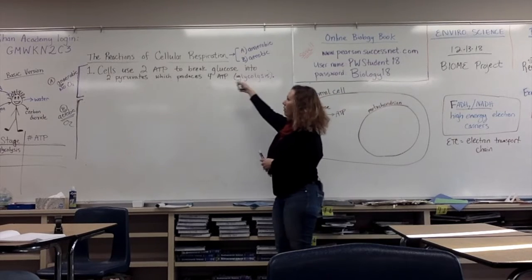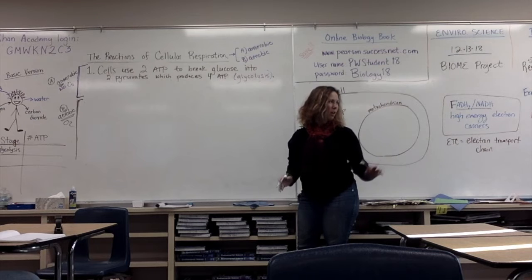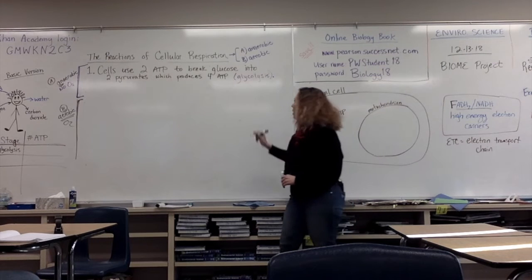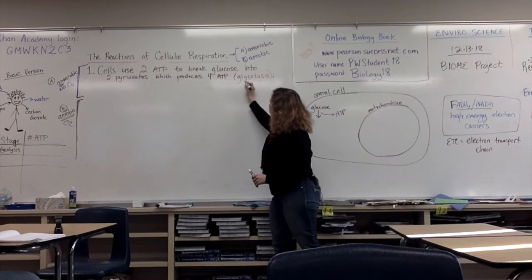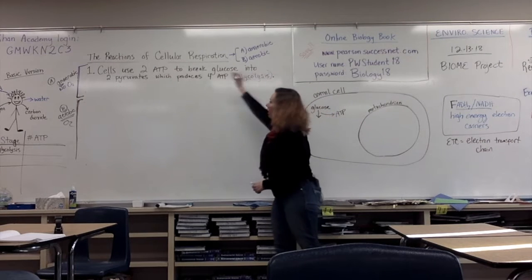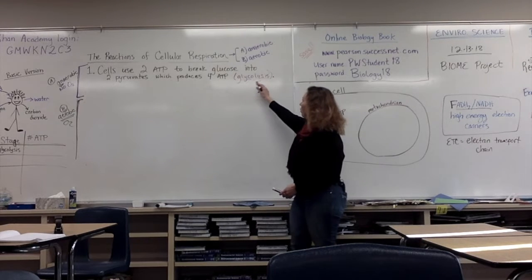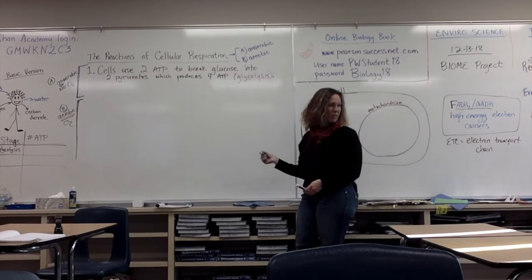Glycolysis is the name of step 1. Glyco is sugar and lysis is break. So hopefully an easy way to remember this step is that we break glucose, we break sugar. Glycolysis.